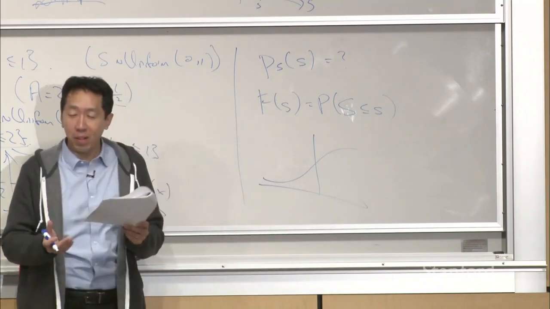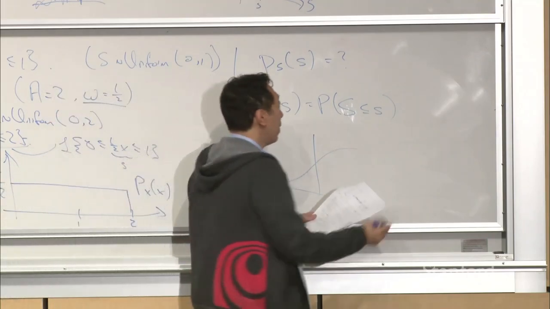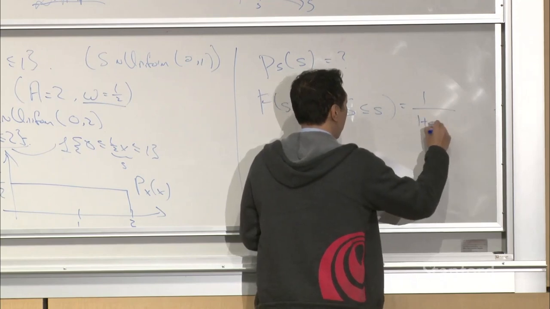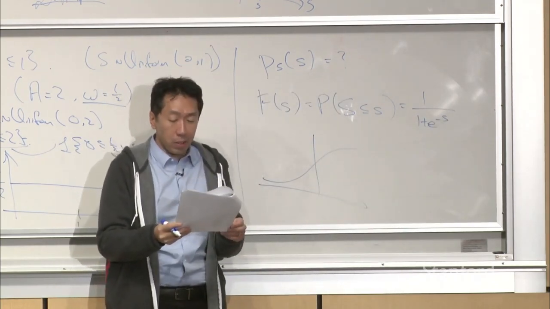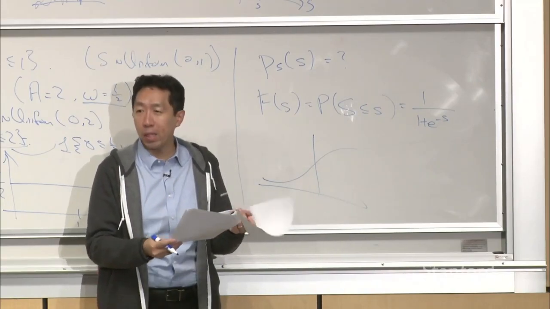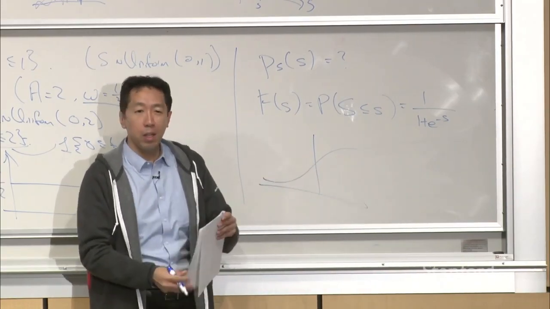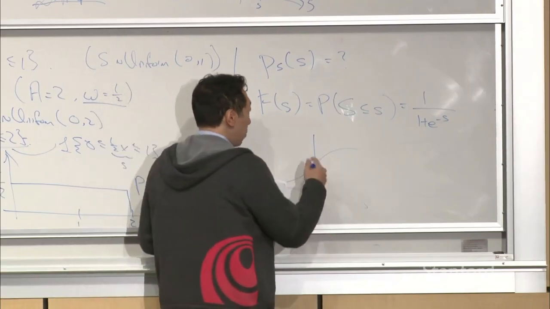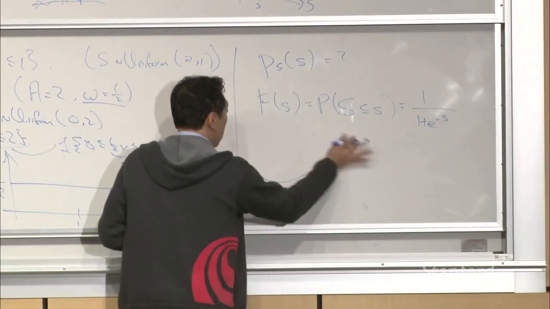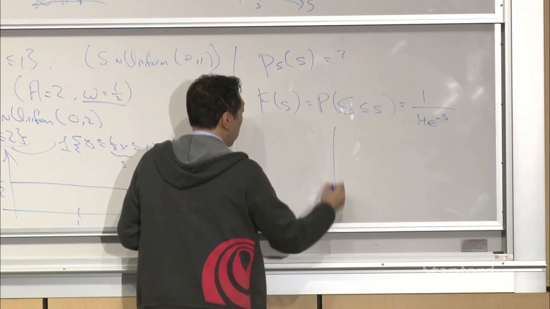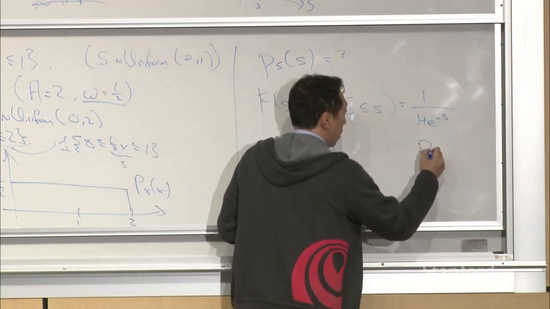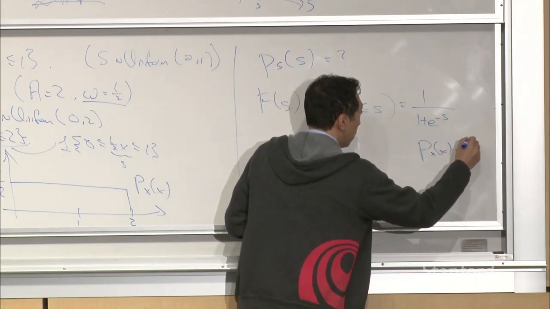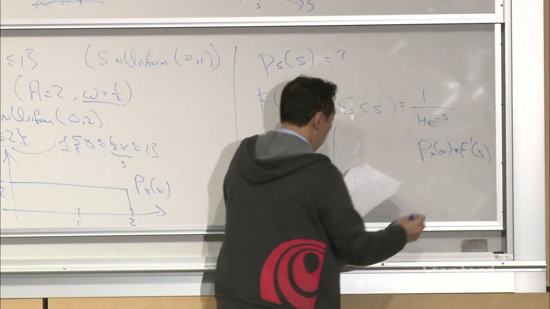So what functions do we know that are vaguely that shape? Let's pick the sigmoid function. And it turns out this will work okay. There are many choices that will actually work fine. It turns out that if you choose the sigmoid function to be the CDF, then if you look at the PDF this induces, if you take the derivative of this, so p of x equals the derivative of the CDF.